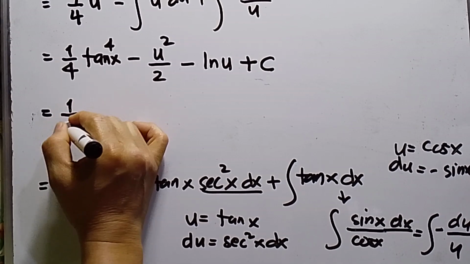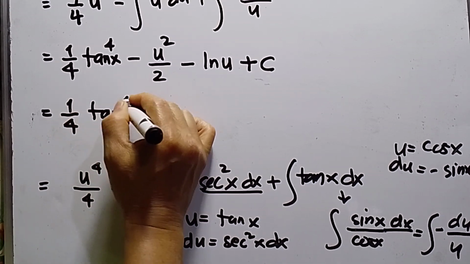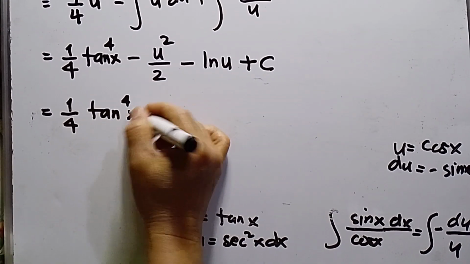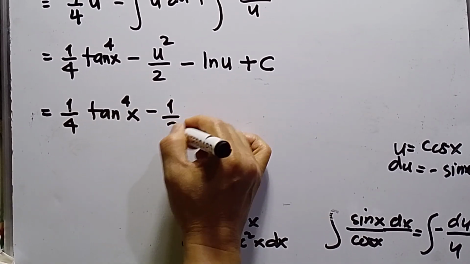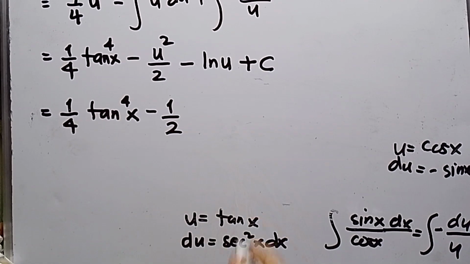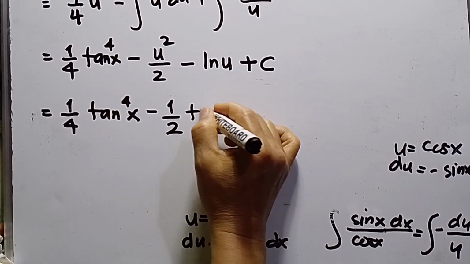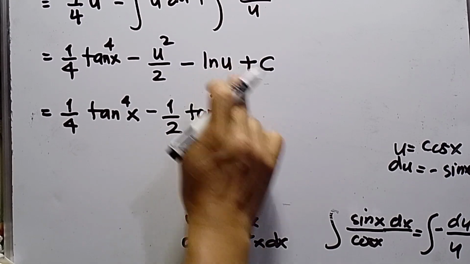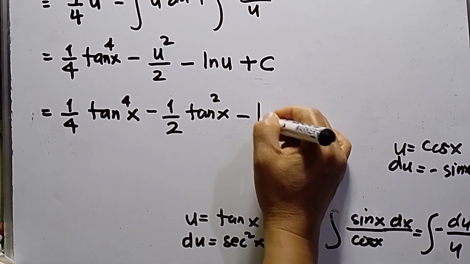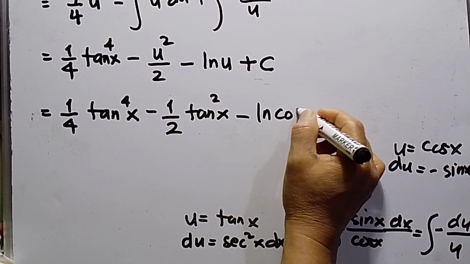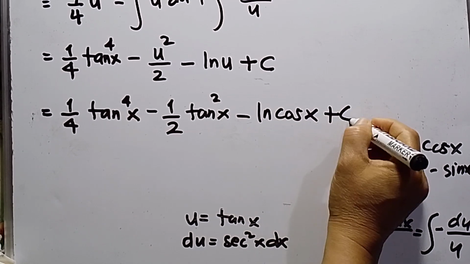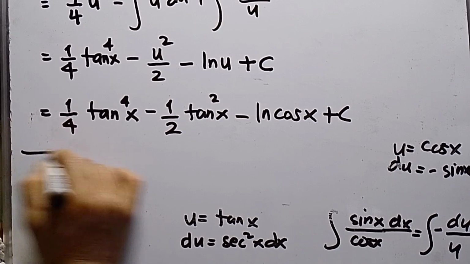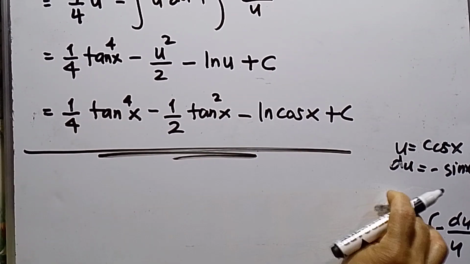So 1 over 4 tangent to the 4th x, then 1 over 2, u is tangent, so tangent squared x. Then what is ln u? U is cosine, so this will be ln cosine x plus c. So this is my final answer, and that's all.